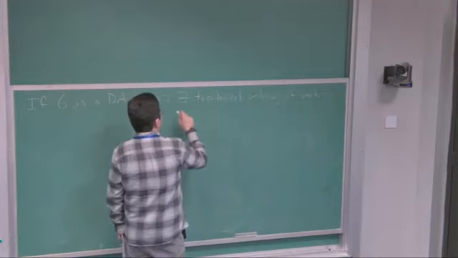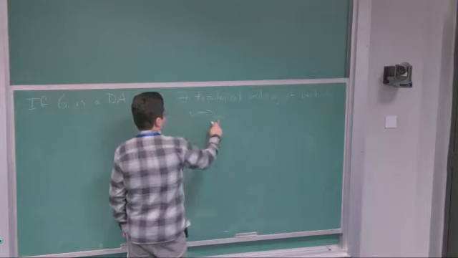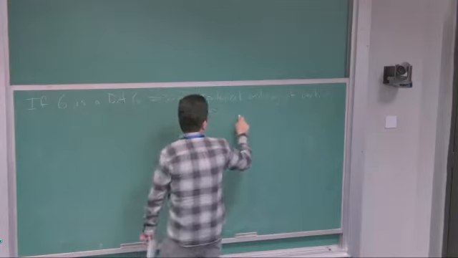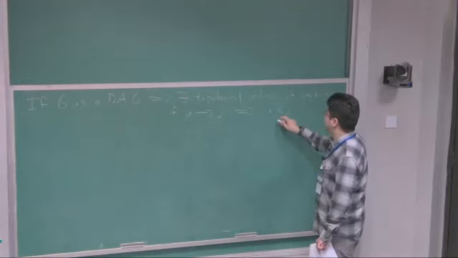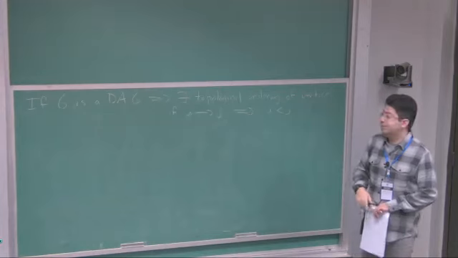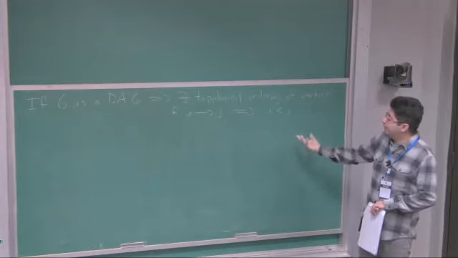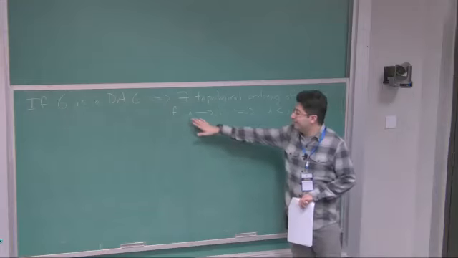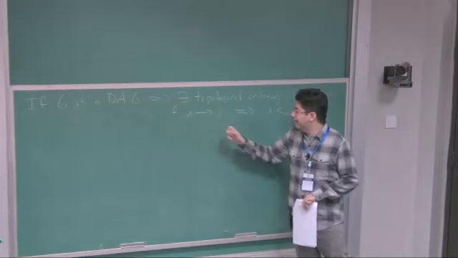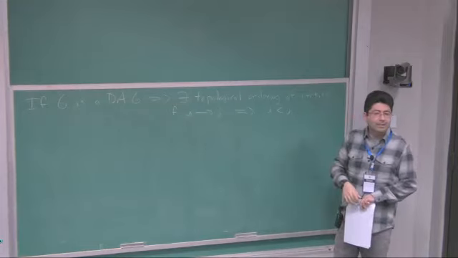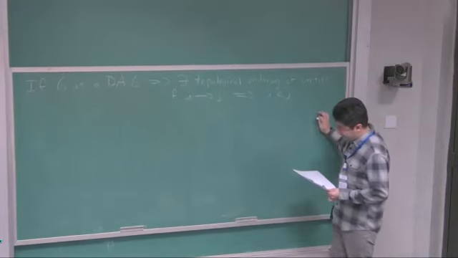Topological ordering means that if I have an edge i to j, then this means that i is less than j in this ordering. So when I draw the graph, I draw it in a way such that if i is pointing to j, when I order the labels of the nodes, the node i comes before the node j. That's the definition of topological ordering.